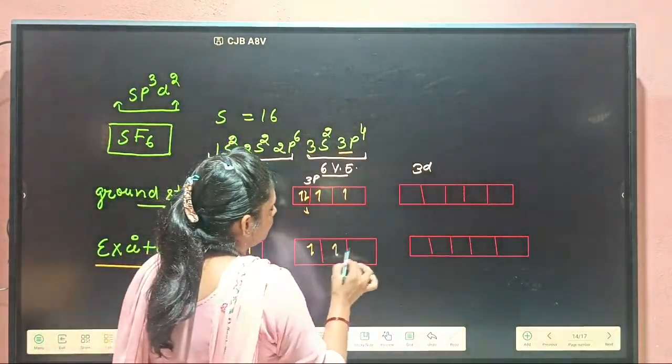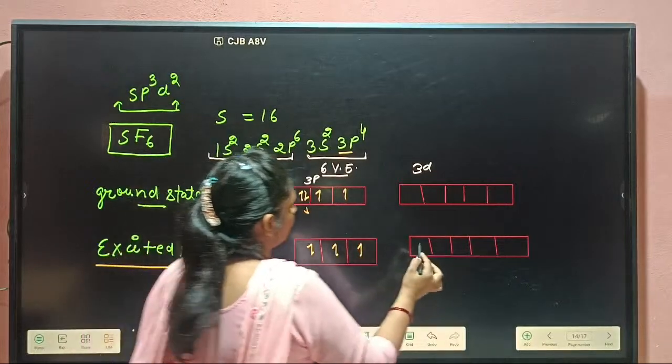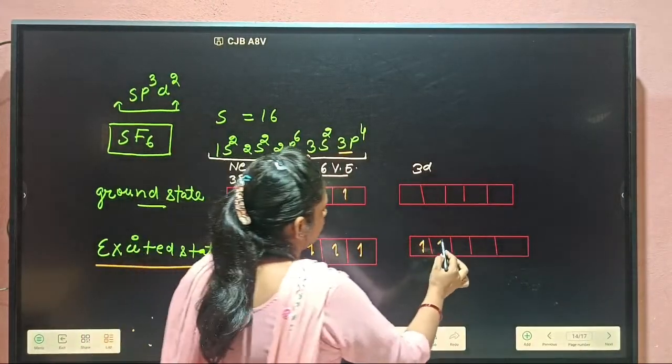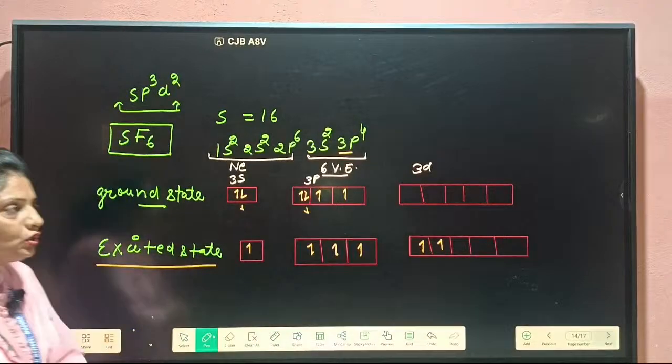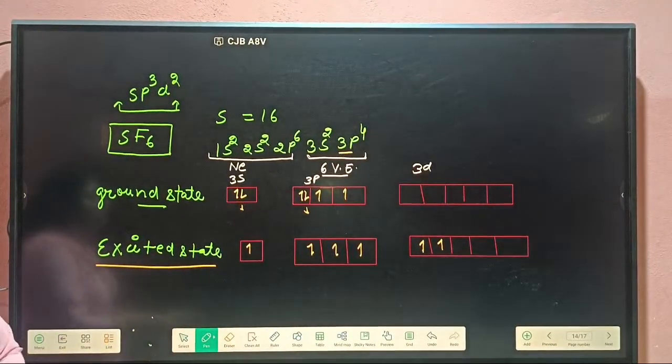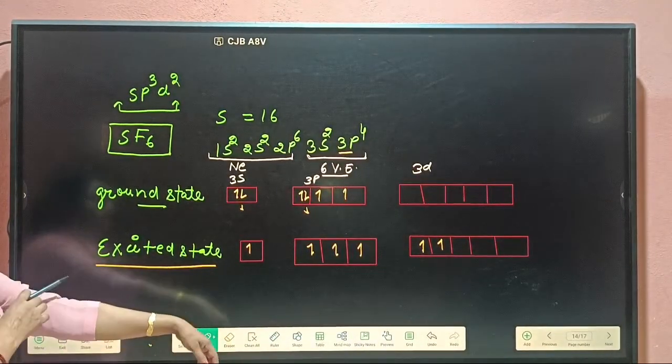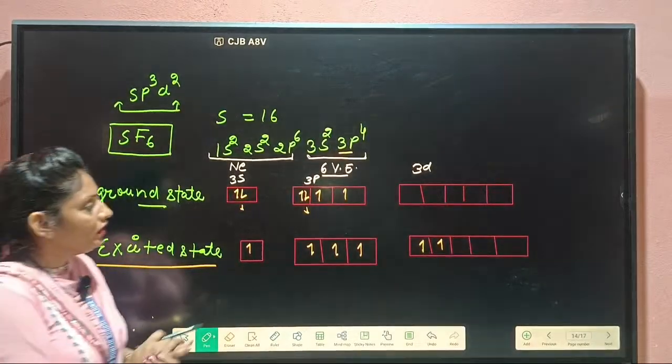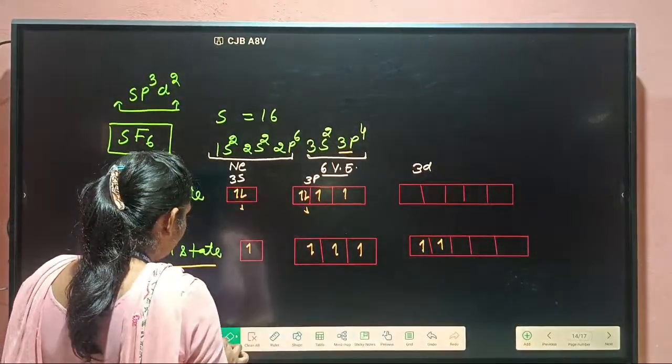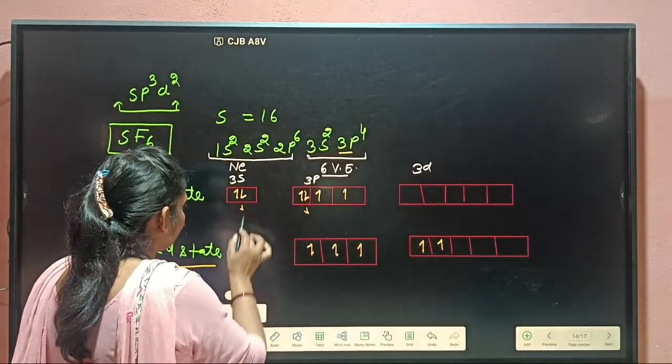Now these electrons can be excited to the d orbital because it is vacant. Then students, you can see how many valence electrons may be there.